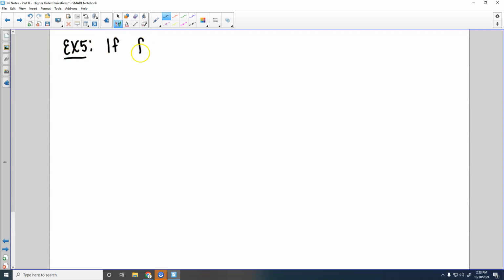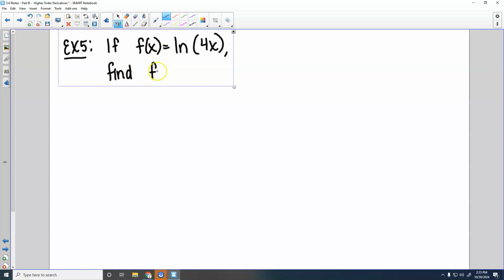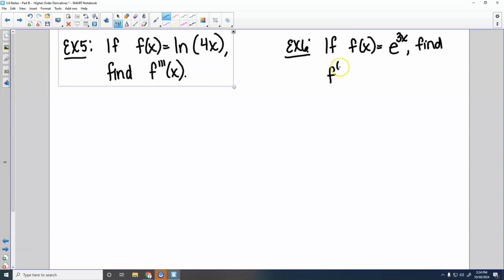If f of x equals natural log of 4x, find f triple prime of x, and the other type you'll see pretty often, if f of x equals e to the 3x, find the 4th derivative of that one.